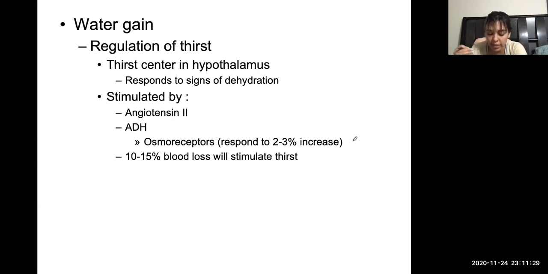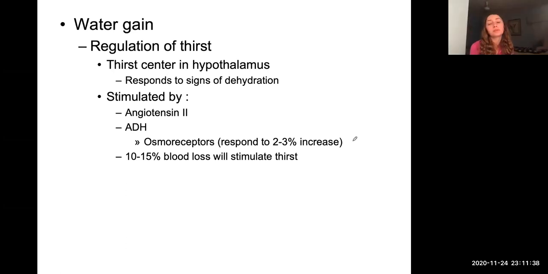So it has to do with the ADH and the aldosterone, which are the ones that regulate water, right? So what's the other one that you said? It's not osmoreceptors. The baroreceptors regulate the blood pressure, but we did talk about that before.